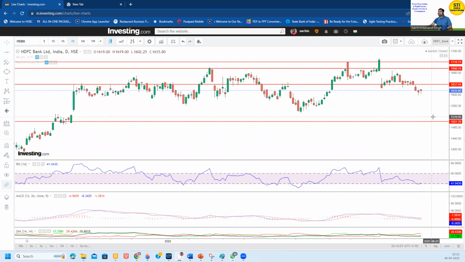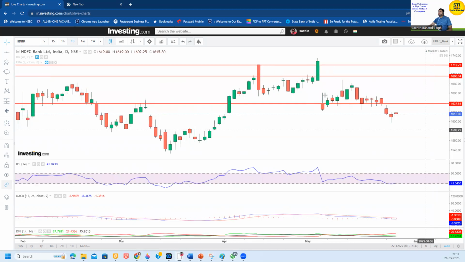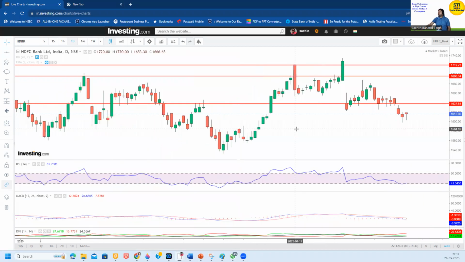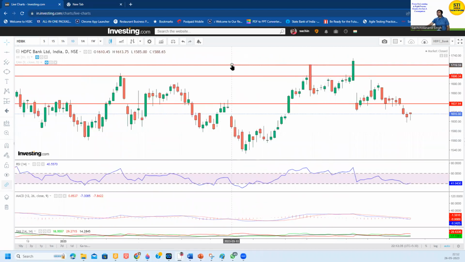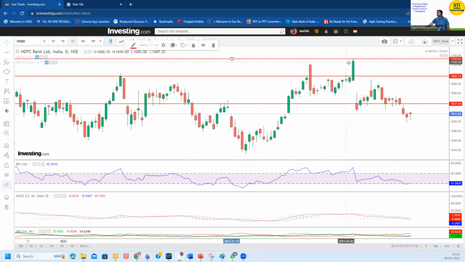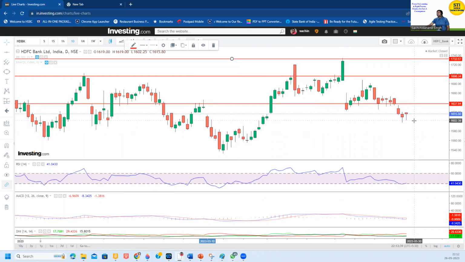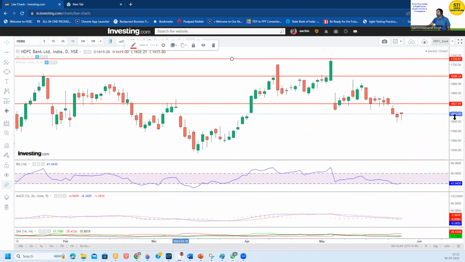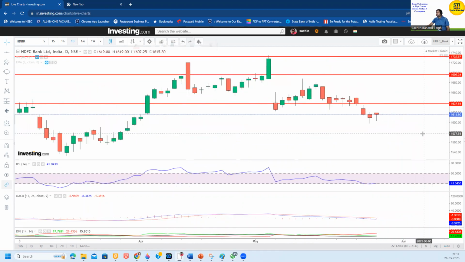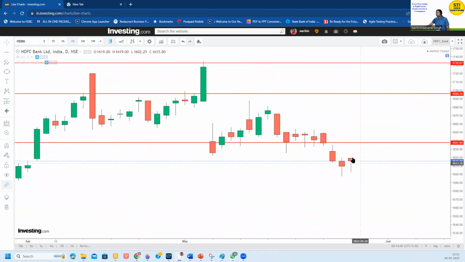Okay, let's take the live example. Here I have selected SDFC Bank in a daily time frame. From this price point, the market was coming down and down, and today in the daily time frame, it made a hammer type of candle. So this is a live example.